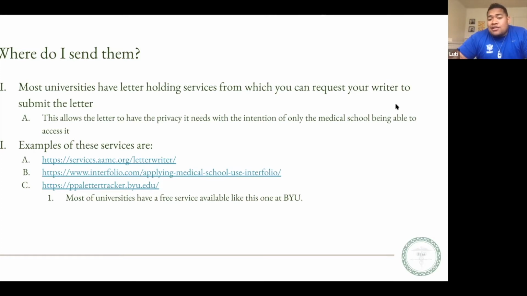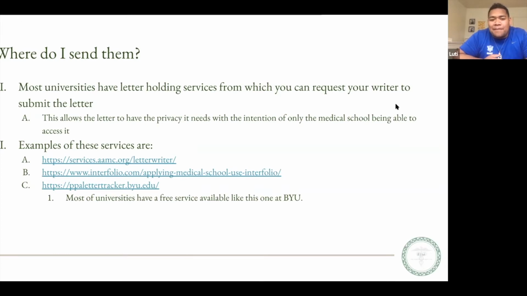So those are the kinds of services you're going to use to submit these letters. There's AAMC, which runs AMCAS, and they have services to transfer letters. There's also things like interfolio.com. I personally didn't use either of these. At my university, BU, they had their own personal letter tracker service.